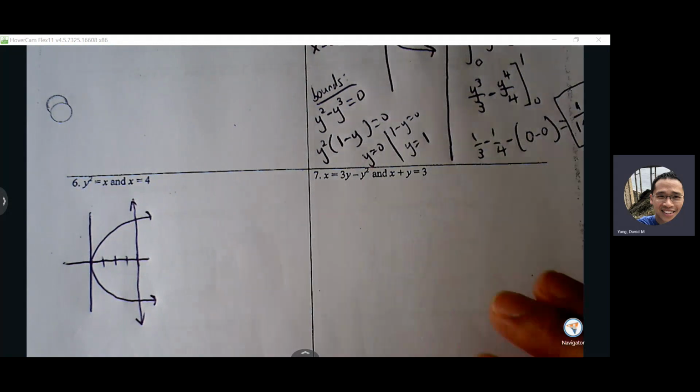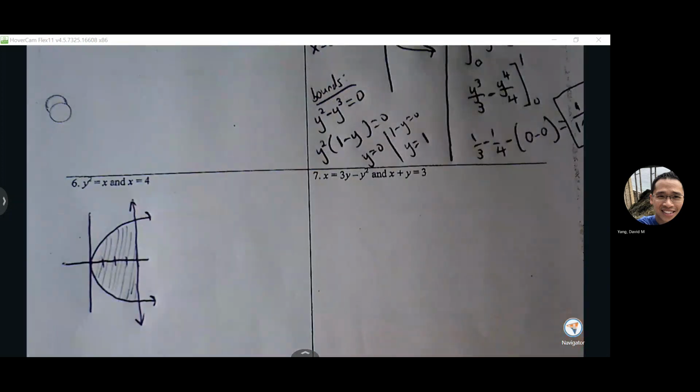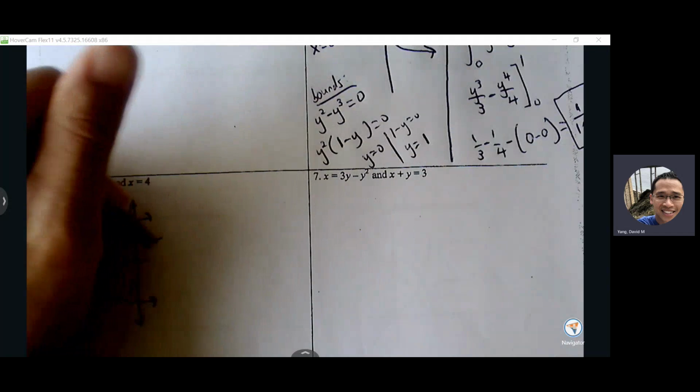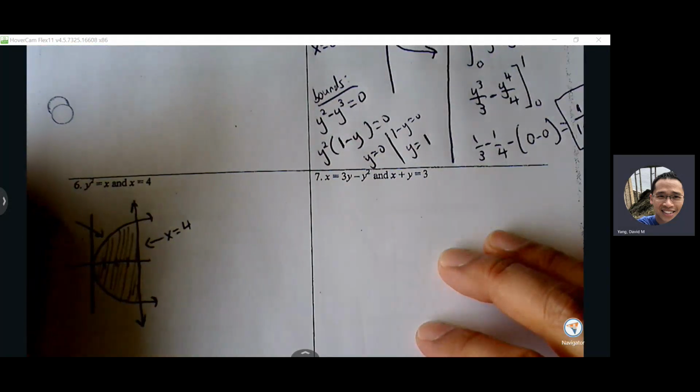Yeah, this is a right minus left. So set up your two equations. You got x equals 4 here. You have x equals y squared.